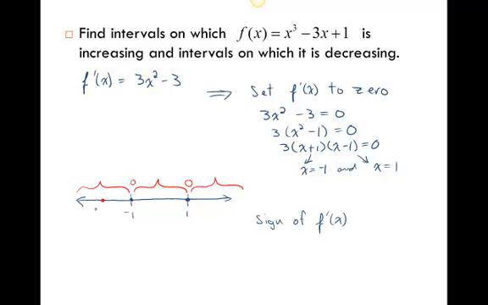So I'm going to pick a test point, negative 2, for this interval, right? So this interval is from negative infinity to negative 1. And then between negative 1 and 1, we're going to pick another test point.